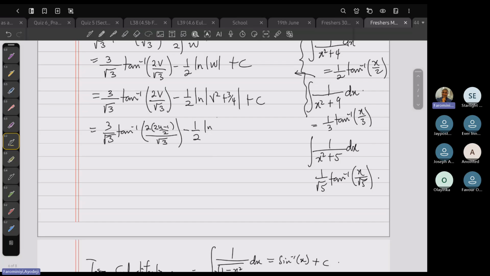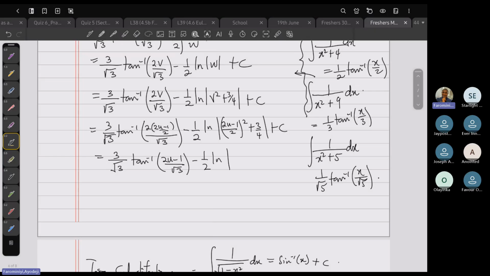Then natural log of V squared, V again is 2U minus 1 over 2 squared plus 3 over 4 plus C. So that is 3 over root 3 tan inverse of 2U minus 1 over root 3 minus 1 over 2 natural log of, should I square that?